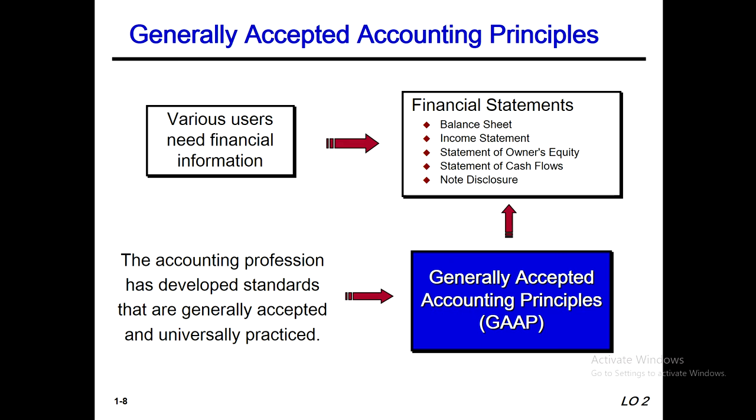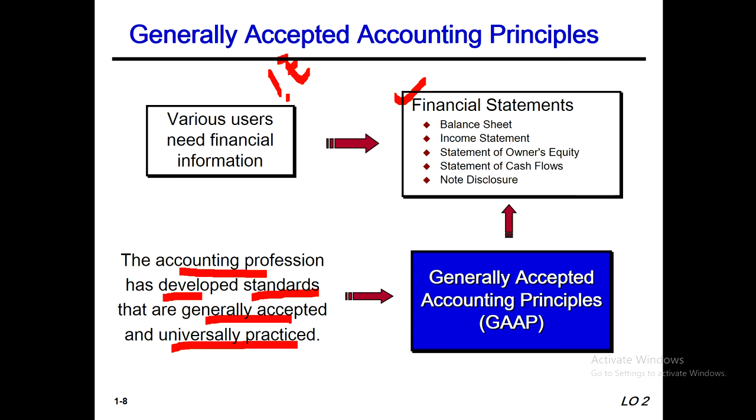Generally accepted accounting principles. The accounting profession has developed standards. Those standards are generally accepted and universally practiced. We call this GAAP. And with the help of GAAP, we can prepare the financial statements. The financial statements are used by various users who need financial information, and users are of two types, internal and external.